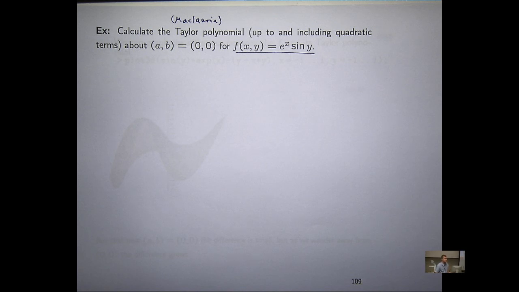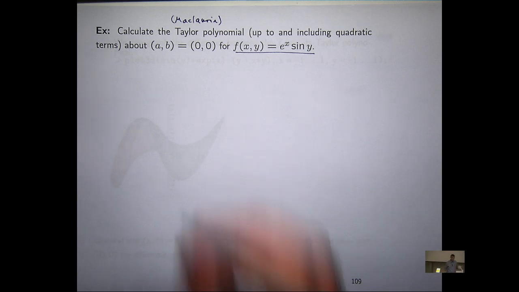Think about e to the x and sine y multiplied together. If I know the expansion for e to the x and I know the expansion for sine y, I can just multiply the two series together and get the polynomial I want out of that. So this is very typical of a lot of these questions. They actually just rely on what you know from first year.